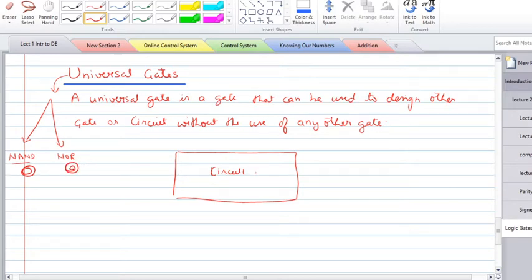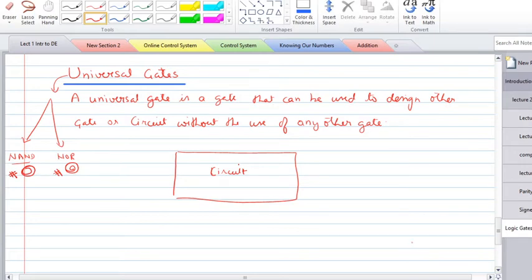It does not require us to use other gates like AND gate, OR gate or NOT gate. So we can design this complete circuit by using either only NAND gate or only NOR gate.